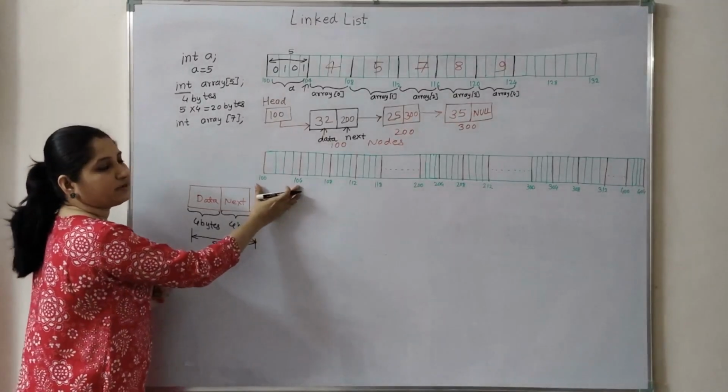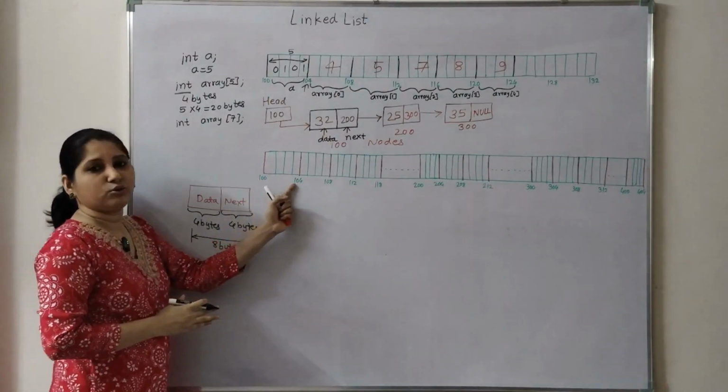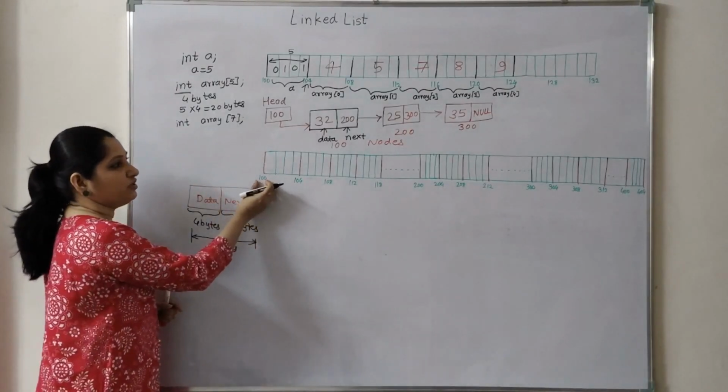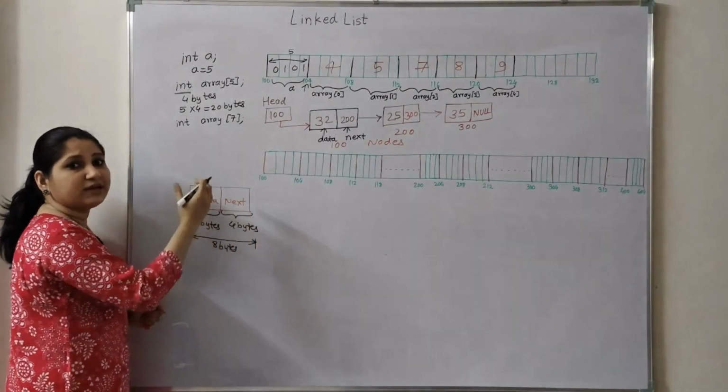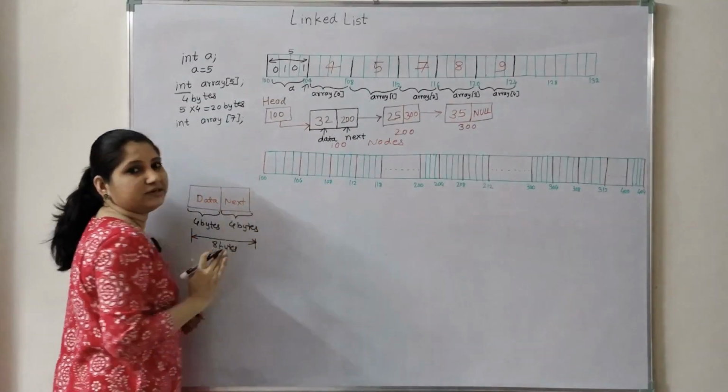But a linked list will not necessarily store our data in consecutive memory locations. It may or may not be consecutive. Suppose the first node is stored at memory location 100, the second node may be stored at 200, and the third node at 300.